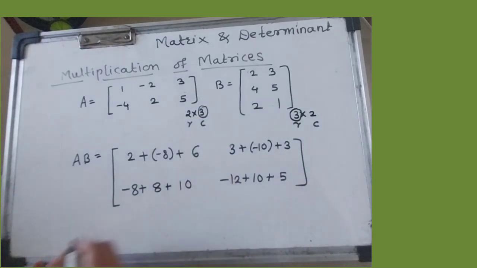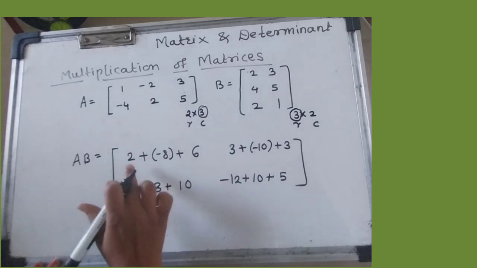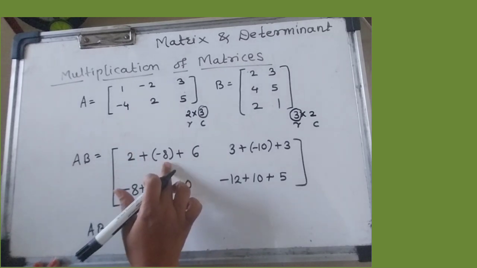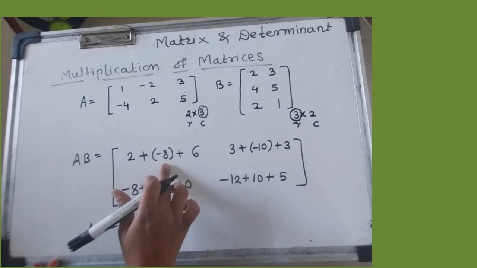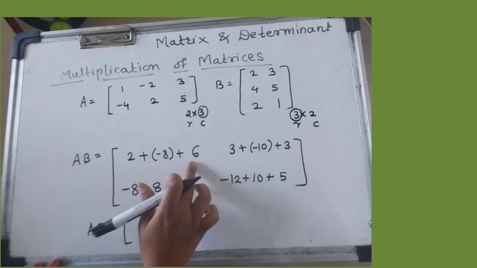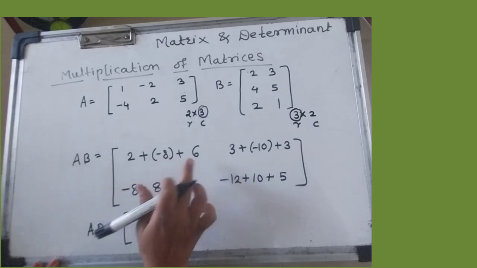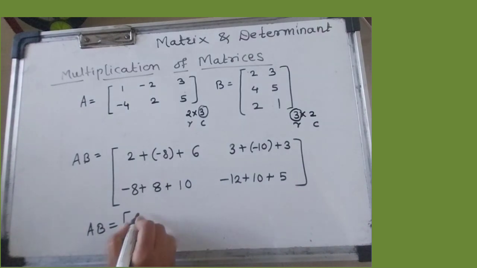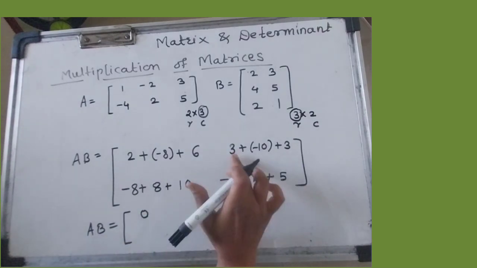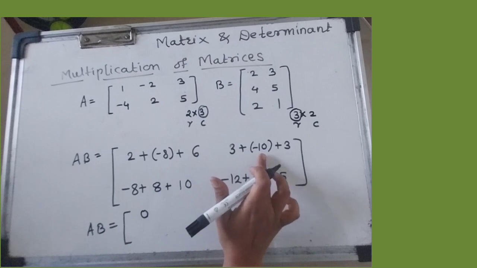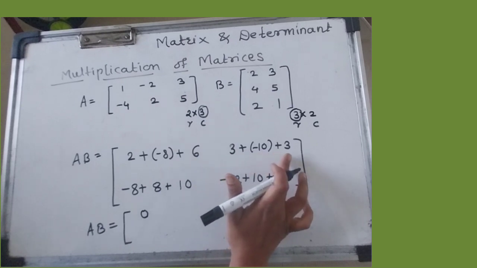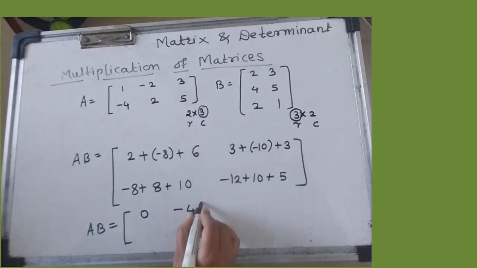Now take the addition. Addition is, see, 2 minus 8 is minus 6. Minus 6 and plus 6 becomes 0. So I write here 0. Here 3 minus 10, so it is minus 7. Minus 7 plus 3, so it is minus 4.